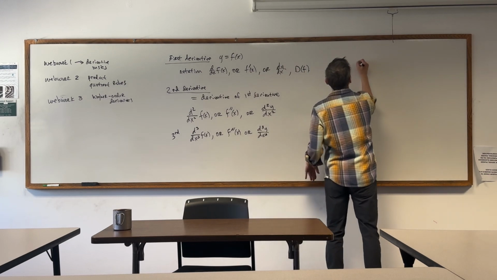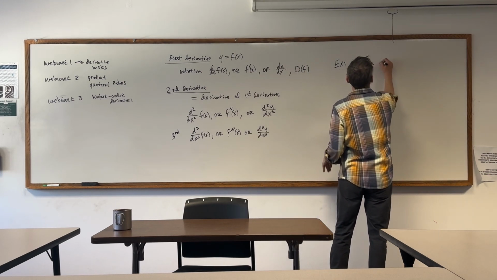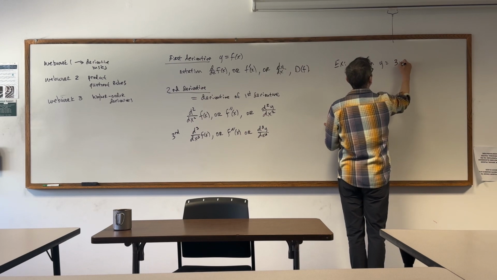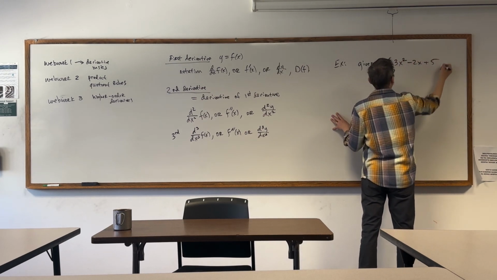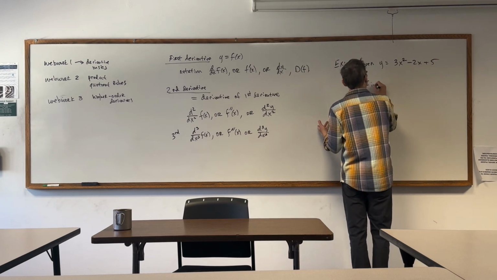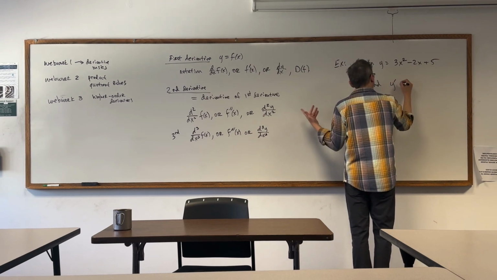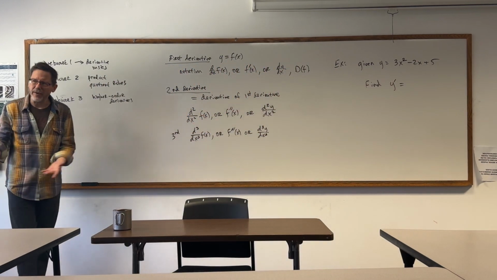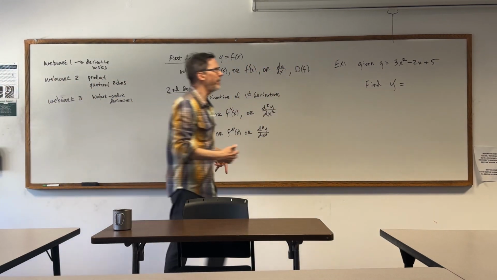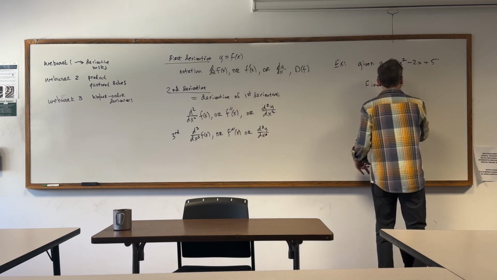Given y equals 3x squared minus 2x plus 5, find y prime. So let's just do that together. And then if you get done with that fast, find y double prime. Take the derivative of the thing you just took the derivative of.